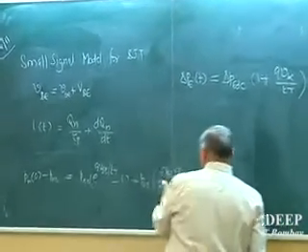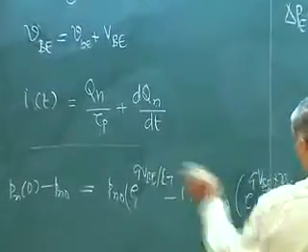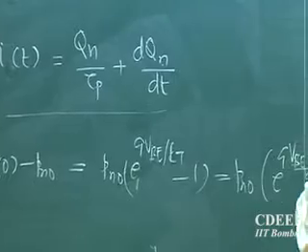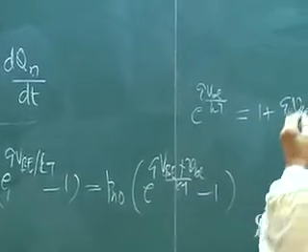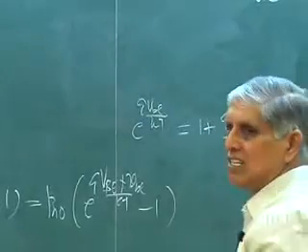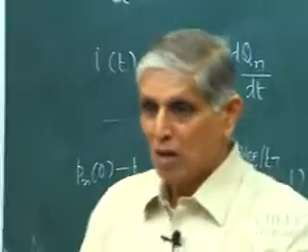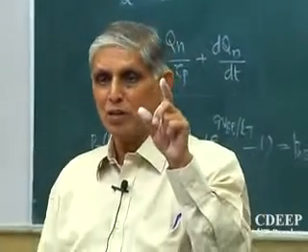Then I say this is the expansion: this minus 1 gives you the DC part, and this exponential of QVB by KT is 1 plus QVB by KT. Under what condition? That vb is much smaller compared to KT by Q, and that's the number I am talking about. What is the maximum vb allowed?